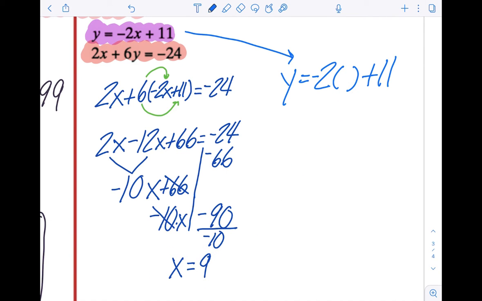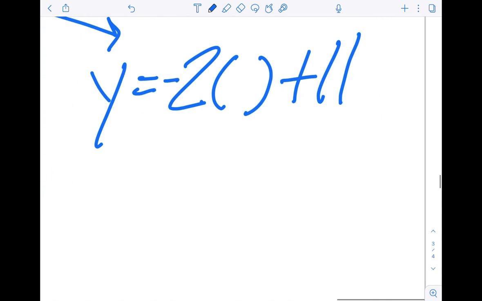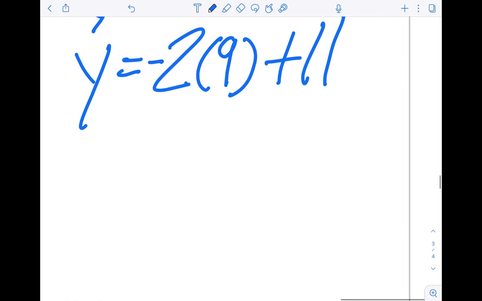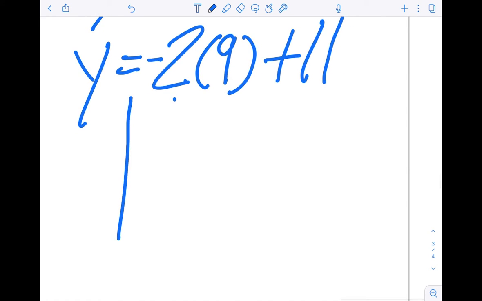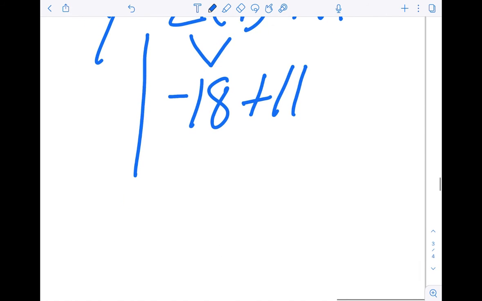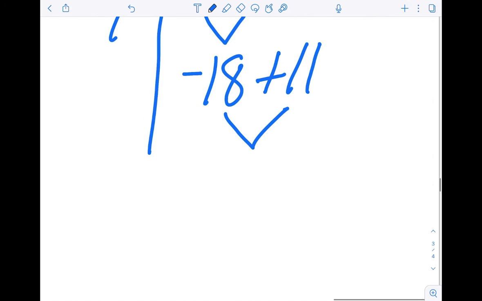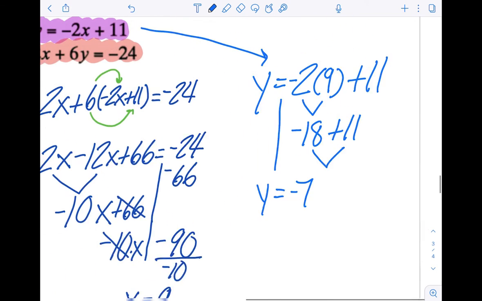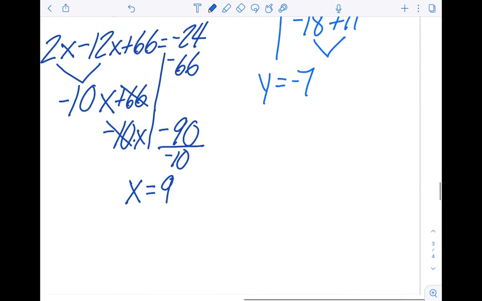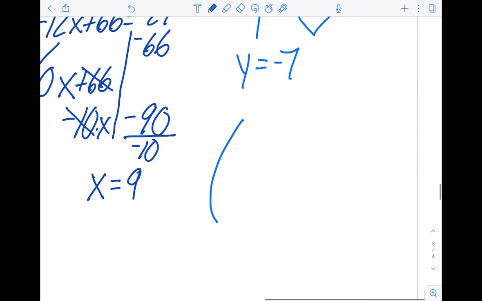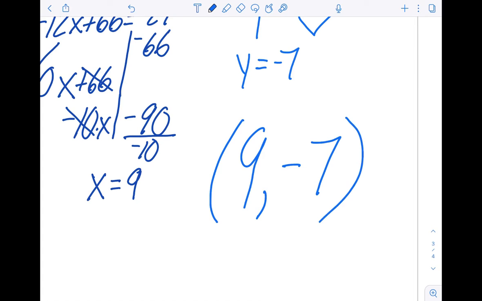So I do negative 2 times 9 is negative 18 plus 11. Negative 18 and a positive 11 are not the same sign, so 18 minus 11 is 7, and it's negative because 18 is bigger, and there's my y. So my solution, kiddos, is going to be x is 9, comma, y is negative 7.